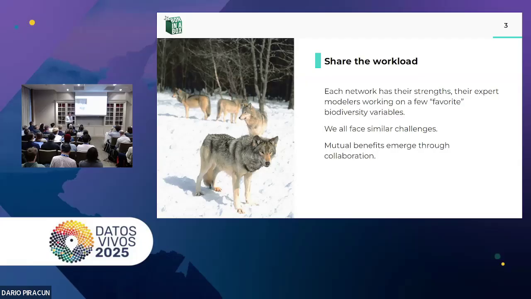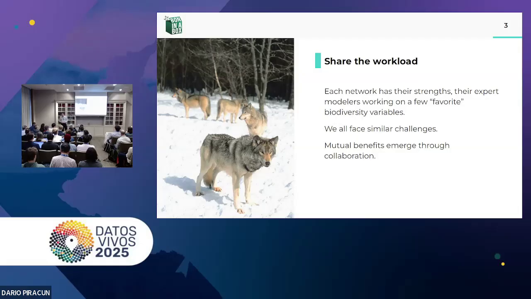So the theme of the presentation will be about sharing, especially sharing the workload of calculating indicators and essential biodiversity variables, because we know each network has their strengths. ABMI, that we'll present today, are really good at backfilling layers for before human imprint was there.